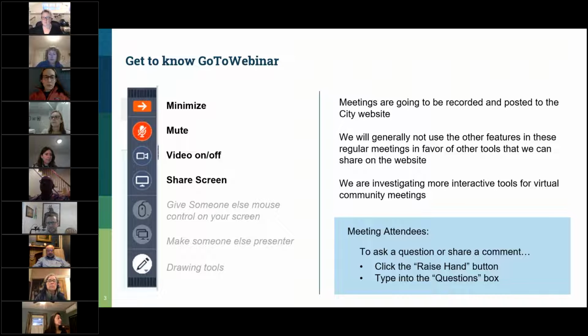The minimize, which basically will close things up if you don't want to look at the majority of it. Mute, video on or off, that's the one that looks like a camcorder, and share screen. There are some other more advanced options. We probably won't be using those, but they exist as options, and we'll consider them as we move on.